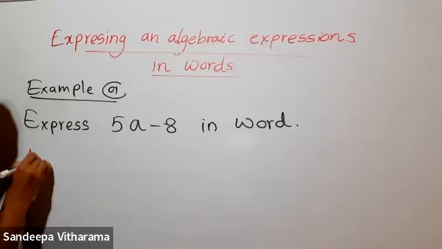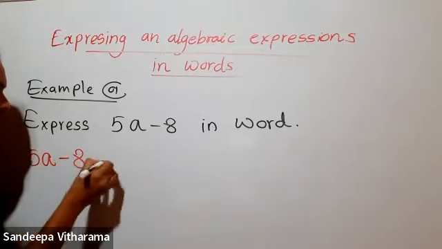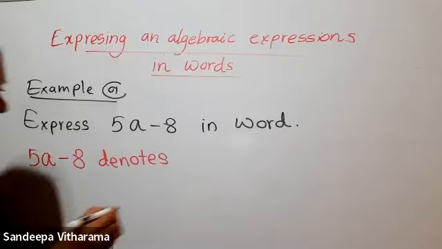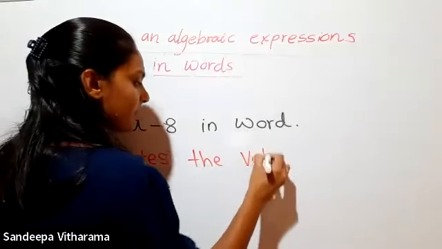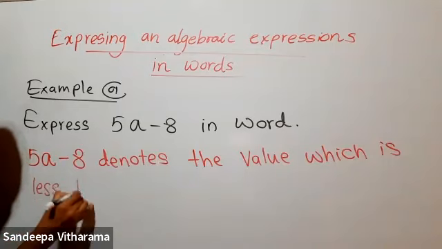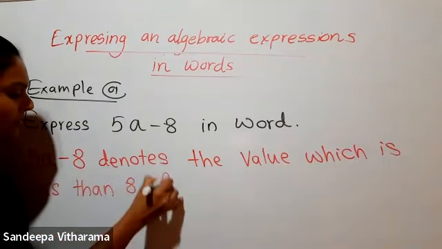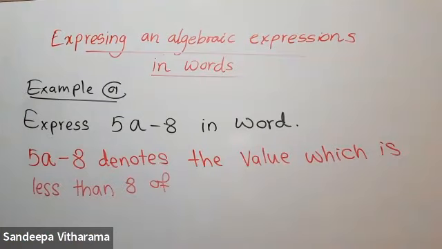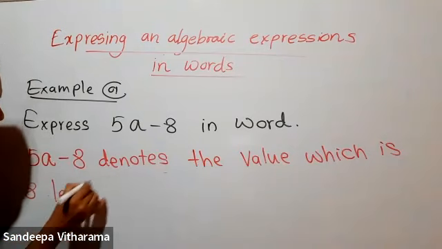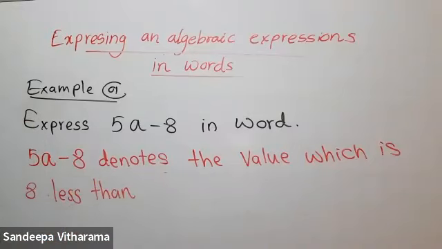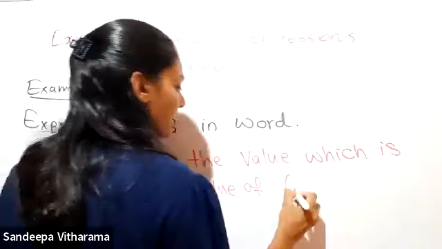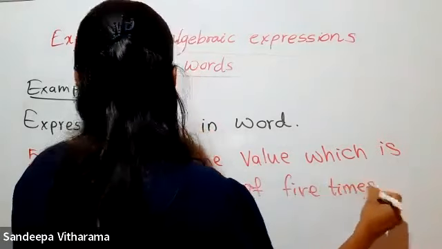Then you can write that 5a minus 8 denotes the value which is 8 less than the value of 5 times 8.